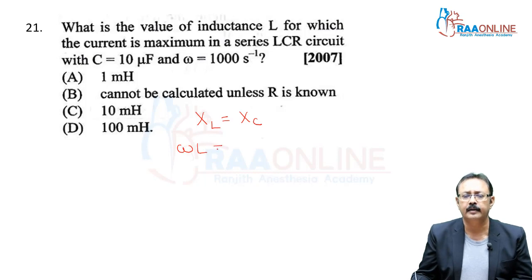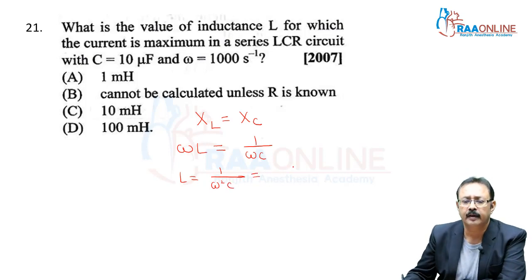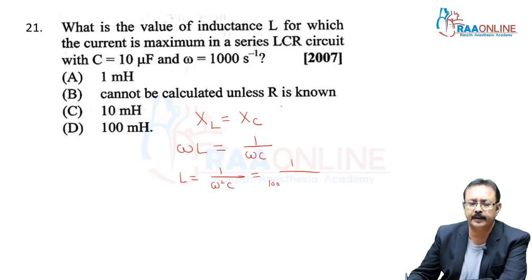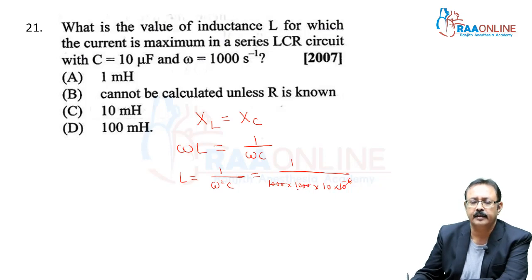Omega into L. What is XC? 1 upon omega C. So L should be equal to 1 upon omega square C. What are they saying? Omega is 1000, radian per second, 1000 into 1000. C is 10 microfarad, means 10 into 10 to the power minus 6 farad. So plus 6 and minus 6 cancel.